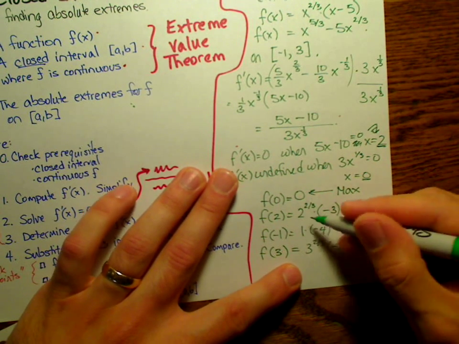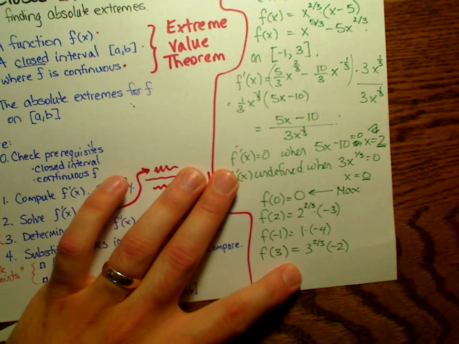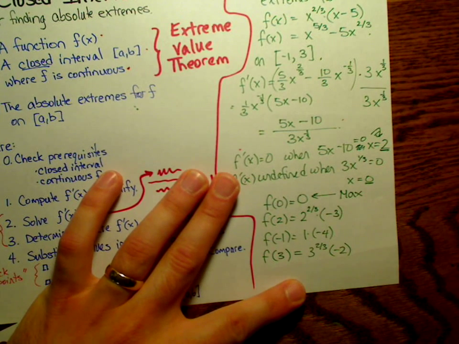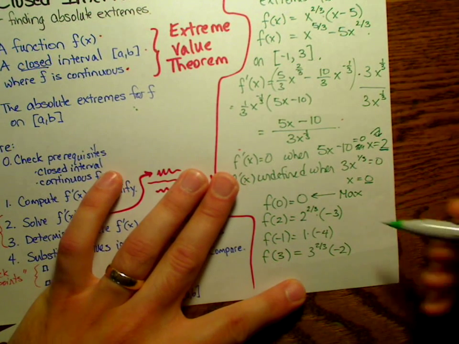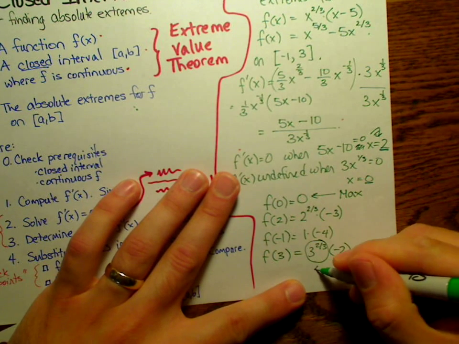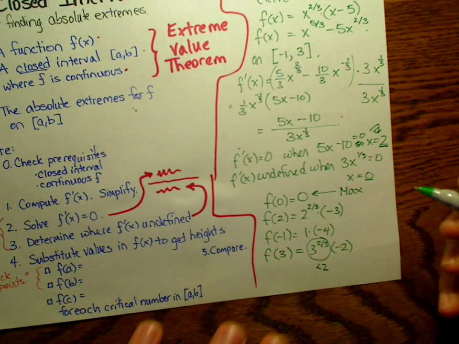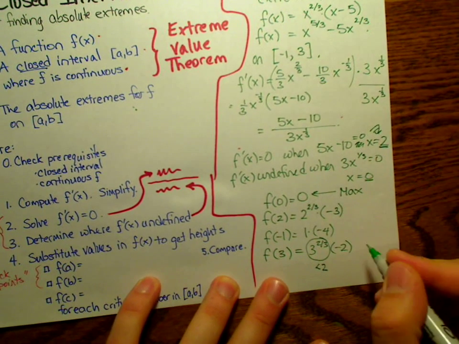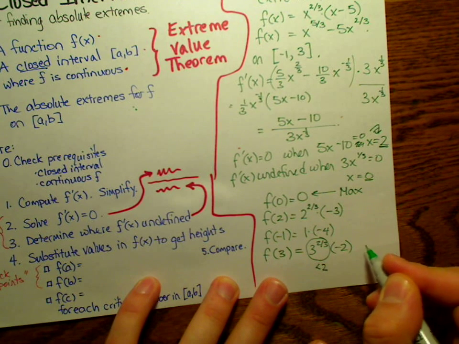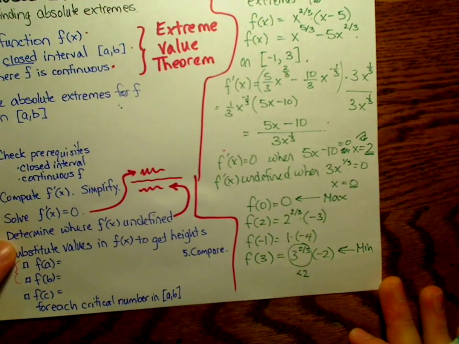Unfortunately, 3 is a larger magnitude than 2, and so I can't quite tell which one of these is bigger. But between these two, I do know that this is less than 2. And so between the arguments I made before and here, I know that there's going to be a minimum at 3. It's a bit of a close call, though, for that one.